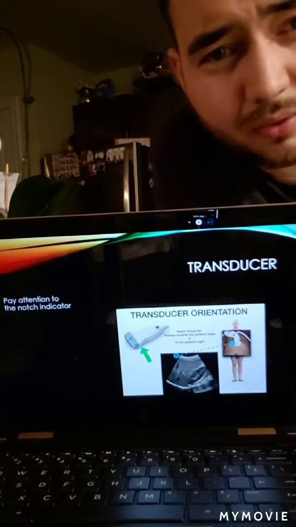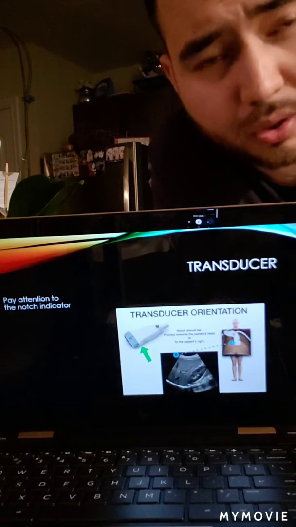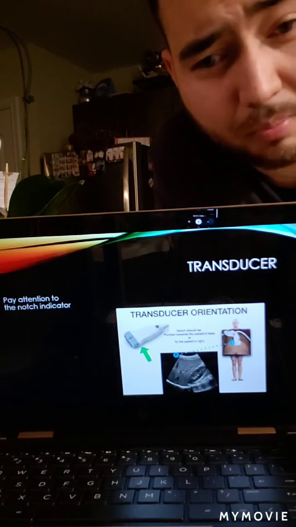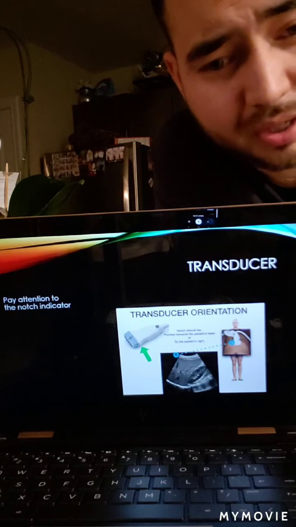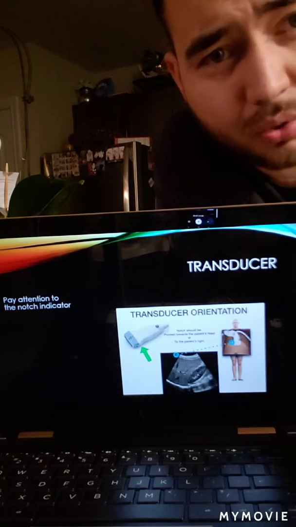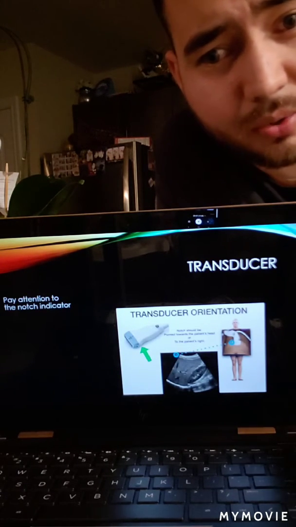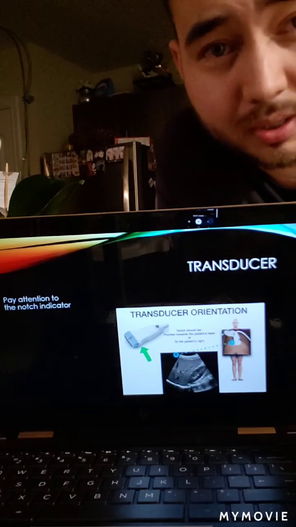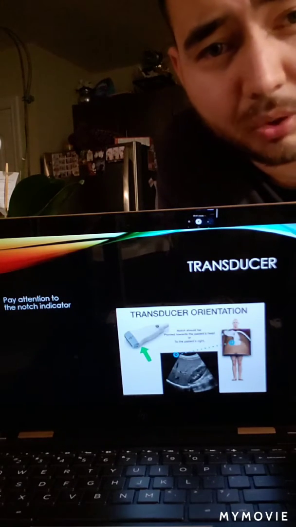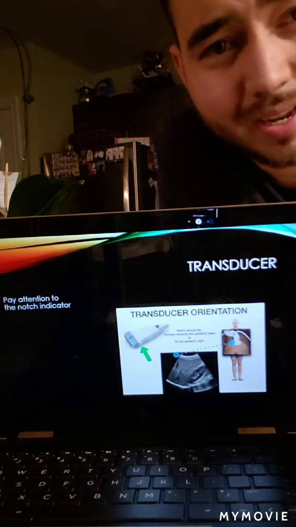The next topic I want to cover is the transducer. It's very important to remember how the transducer is supposed to be positioned towards your patient. For example, the notch is supposed to be on the patient's right, not your right, the patient's right, when you're doing a transverse scan. And when you're doing a sagittal scan, which is important in color Doppler, it's always important to remember that the notch is supposed to be towards the patient's head.